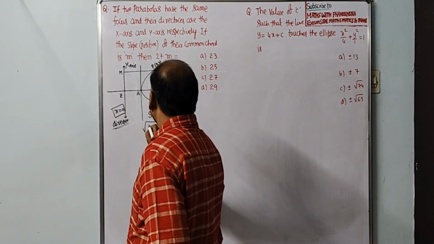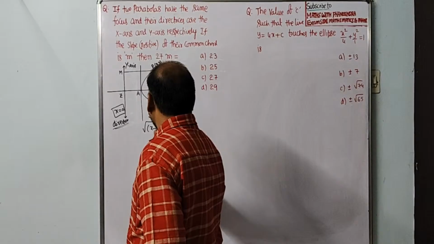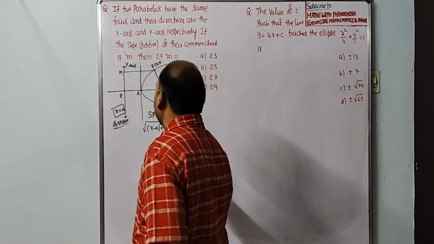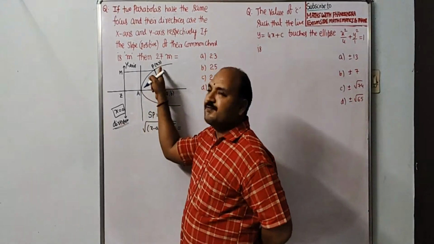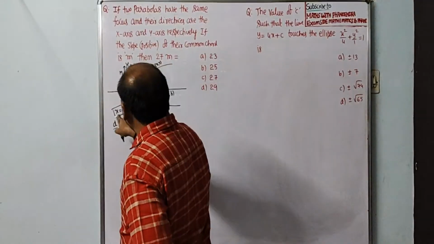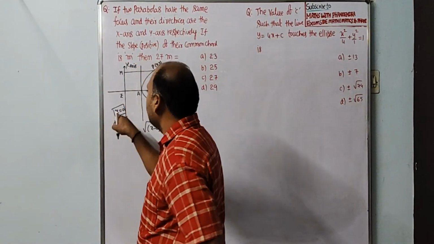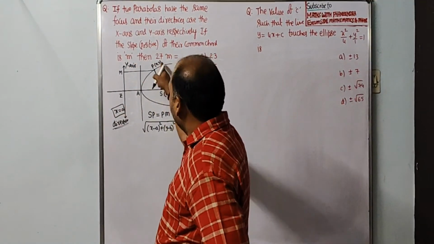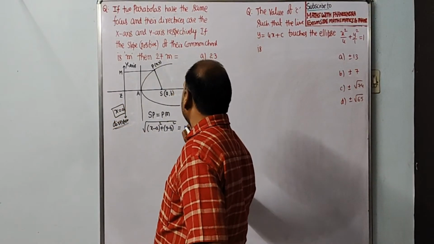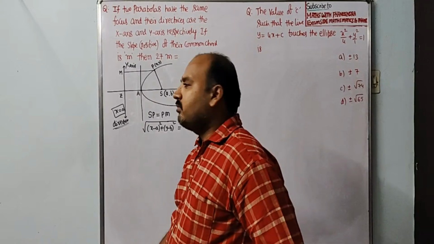Root over x minus a whole square plus y minus b whole square is equal to the perpendicular distance from point P to the y-axis. In place of x comma y, substitute x comma y. Here x by root of 1 square plus 0, so x will come here.